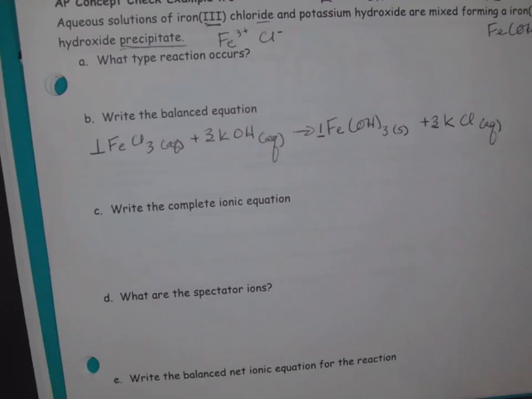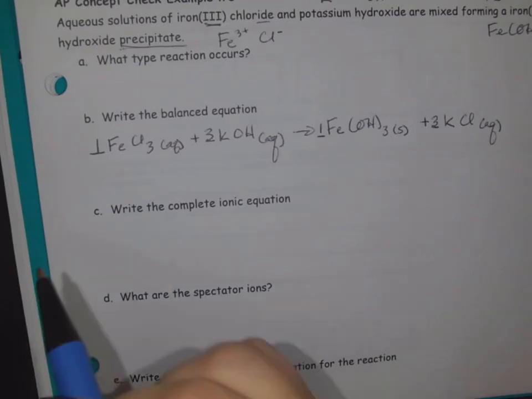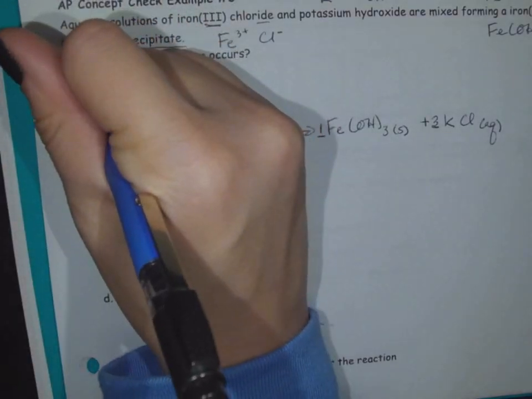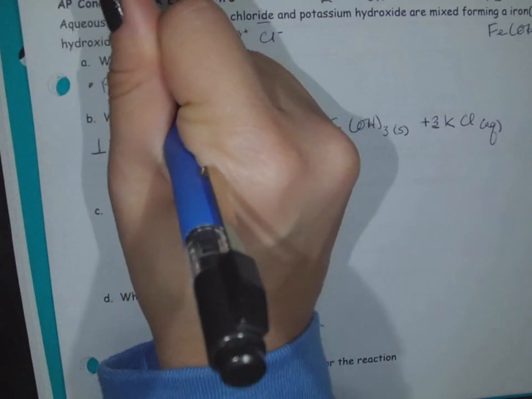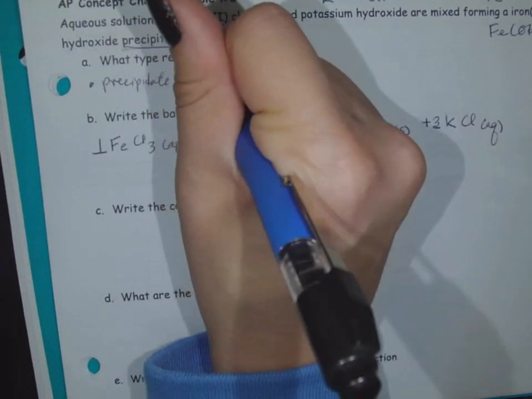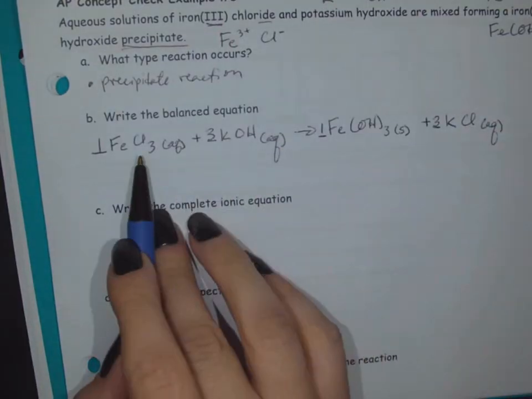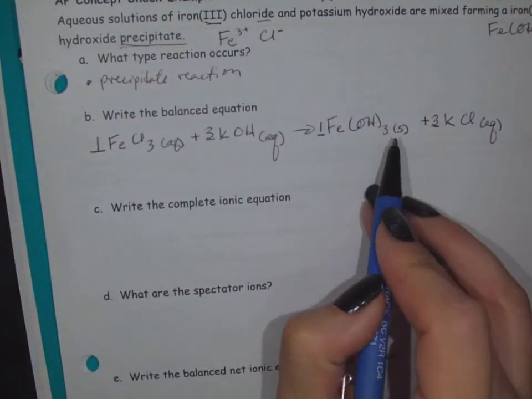Okay? What type of reaction is this? What they like to call this one on the AP Chem test is a precipitate reaction, because we took 2 liquid-looking things and poured them together and got a solid.